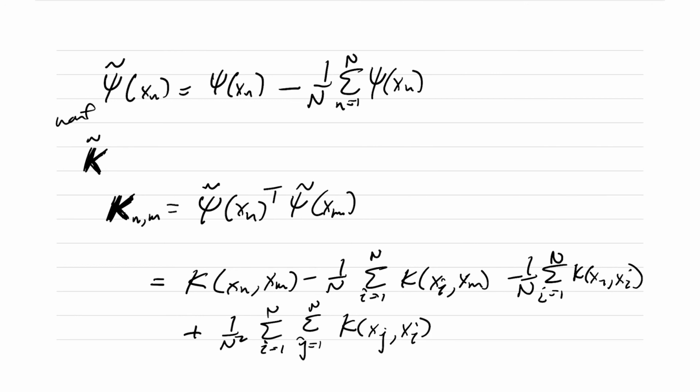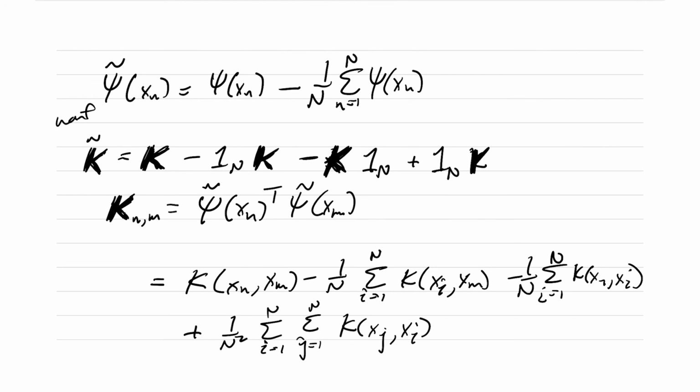And all of this can be rewritten so that you can write this as bold K minus the matrix of ones of size N times bold K, minus bold K times the matrix of ones, plus the matrix of ones times K times the matrix of ones, and then that'll give you that matrix. And so that's how you end up recentering your data, and that's how it changes things there.